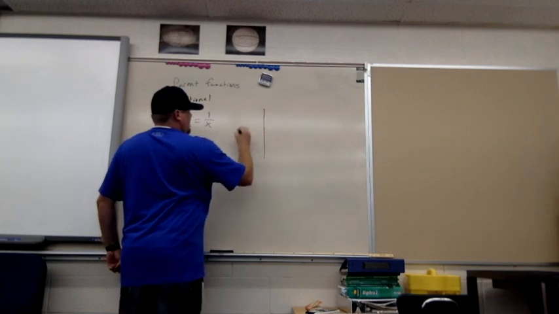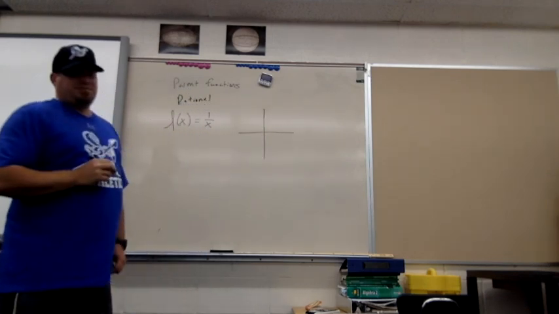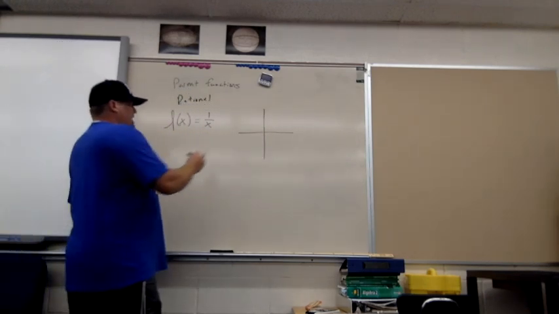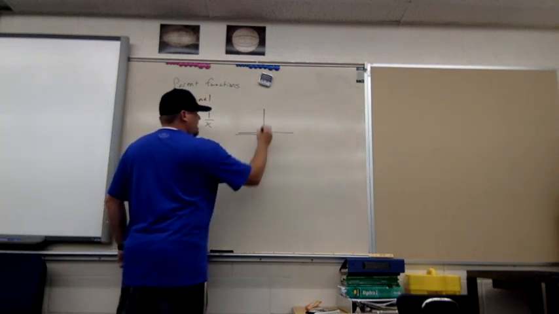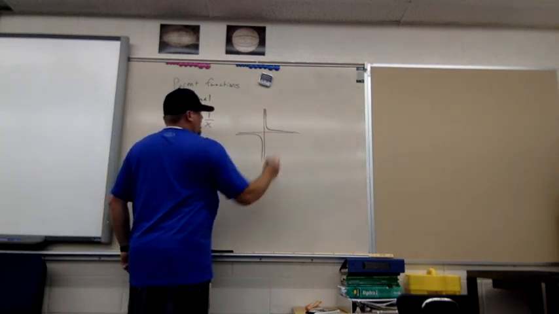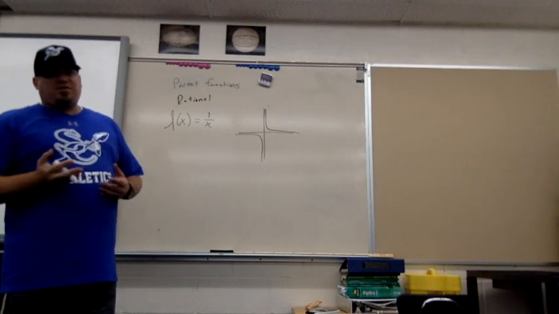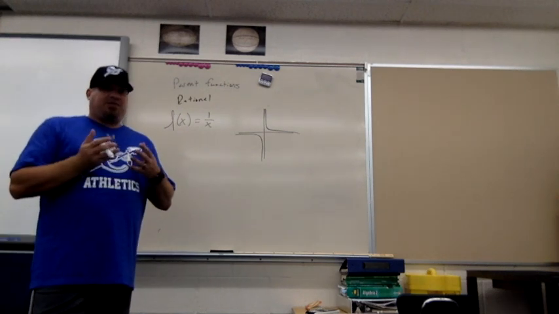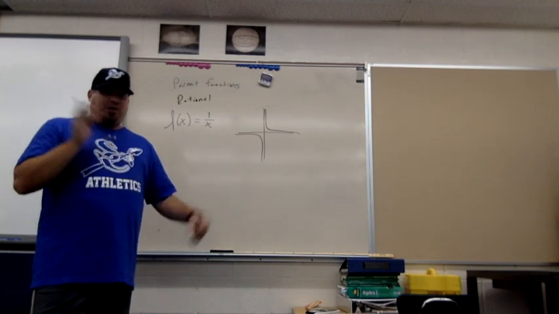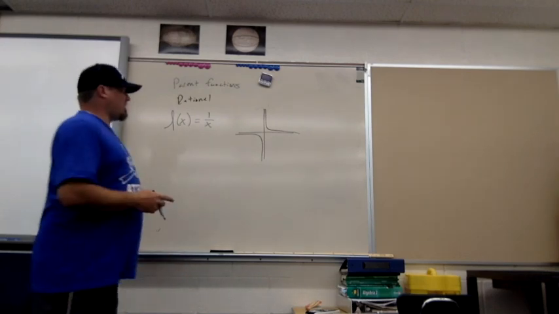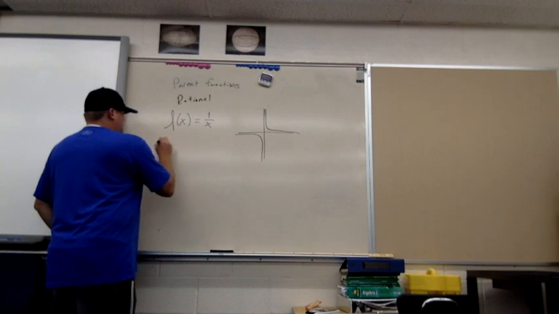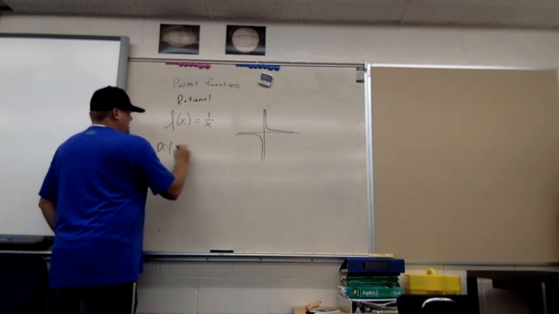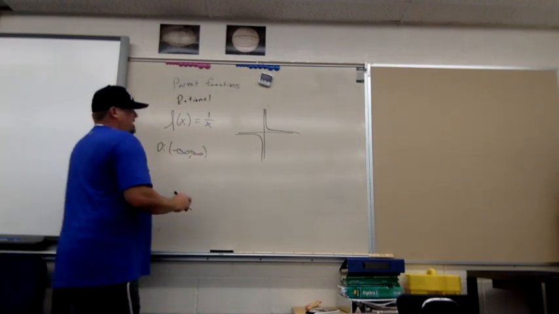Now, this one is a little bit different because we have these values down here. Now, in set notation, we're supposed to write everything that is a possibility, okay, from smallest to largest. And it looks like we should write the domain as negative infinity to infinity because it keeps going.